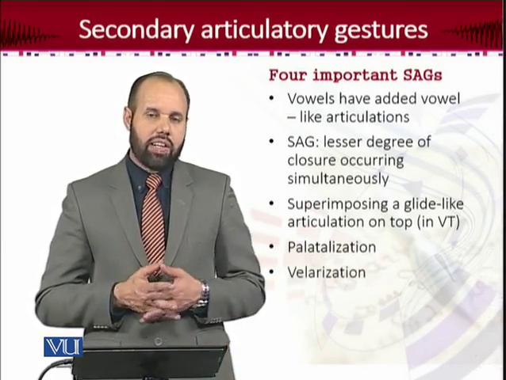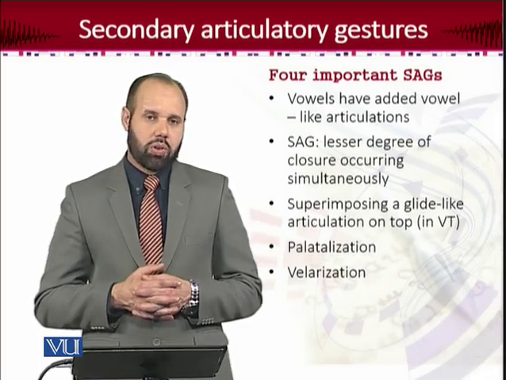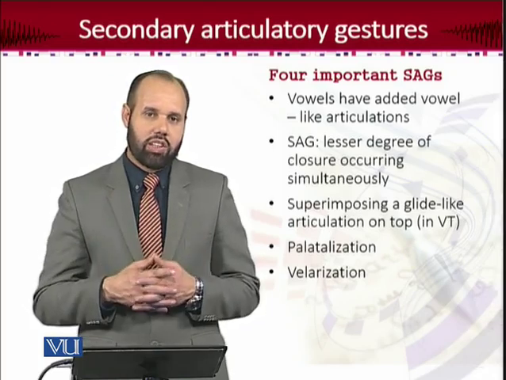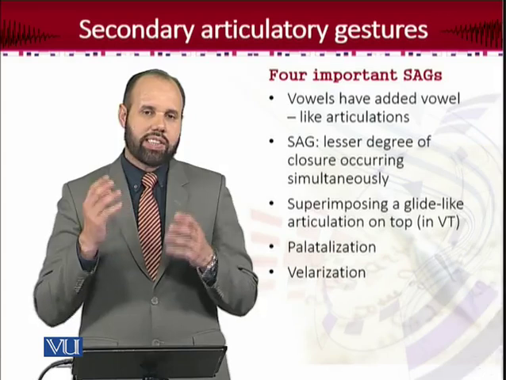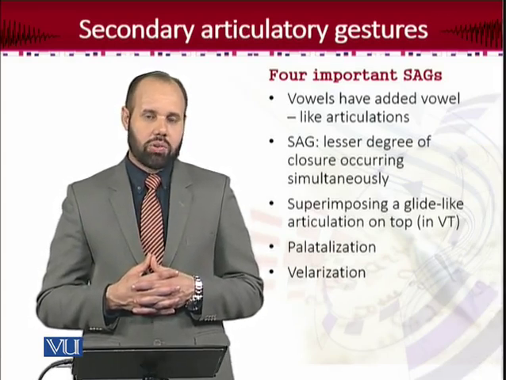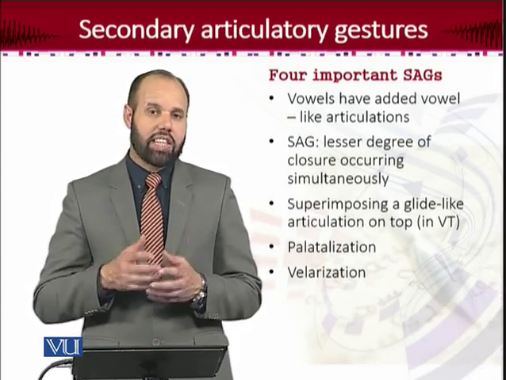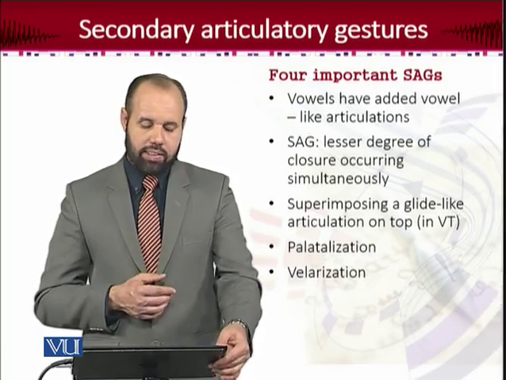And then velarization, when the velar is involved, in order to make something different in contrast with the already existing feature. A very good example is from the Arabic language, when there are sounds in which the emphatic process is added in addition to the primary gesture. So that's velarization. We would explain this later.